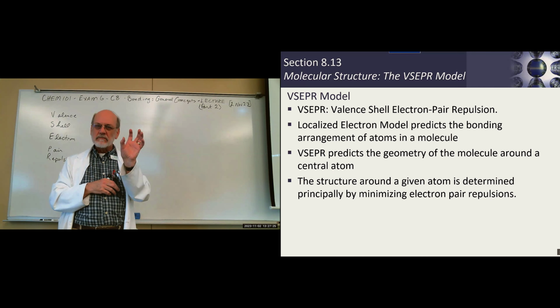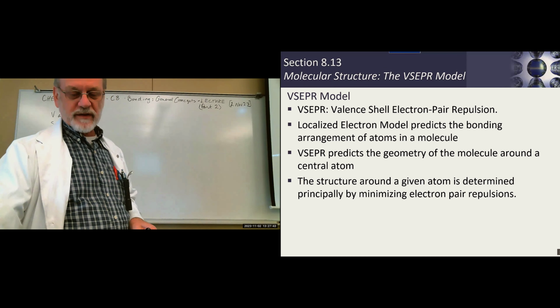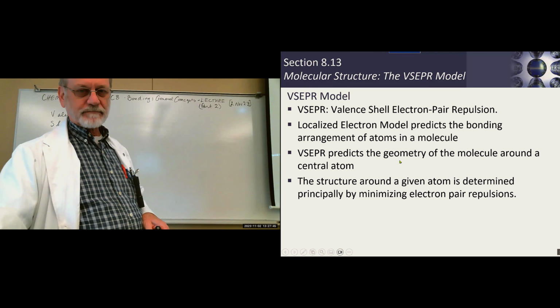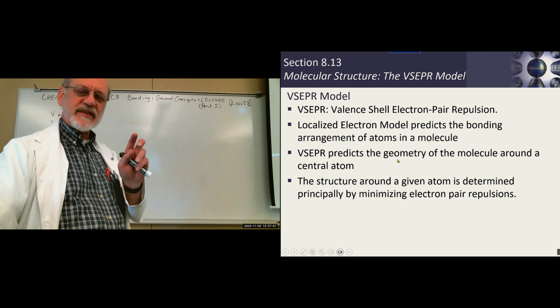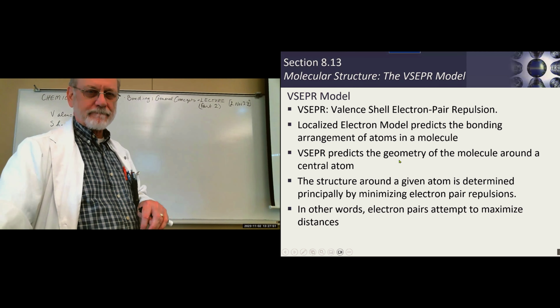And then you can move to another part of the molecule, it may have a different geometry. So we're going to start off simple, right? Use simple molecules with only one central atom to begin with. What we're trying to do is minimize the electron pair repulsions.